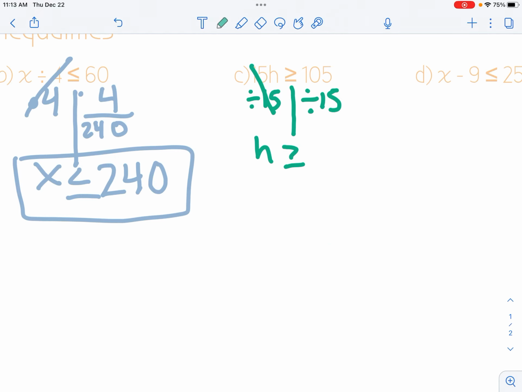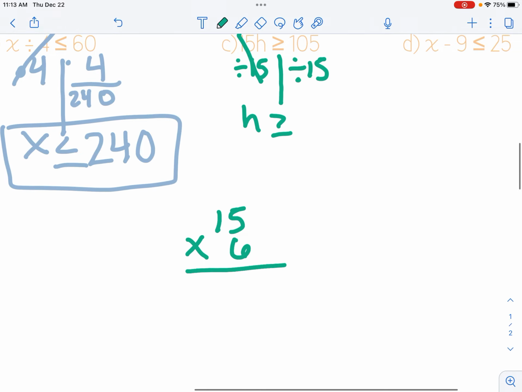I have 2 options. I could list out multiples of 15, or I can do a guess and check. I'm going to go ahead and do a guess and check. I think that's going to be a little bit easier for me. So I'm going to start with 6. 15 times 6. So 5 times 6 is 30. 6 times 1 is 6.